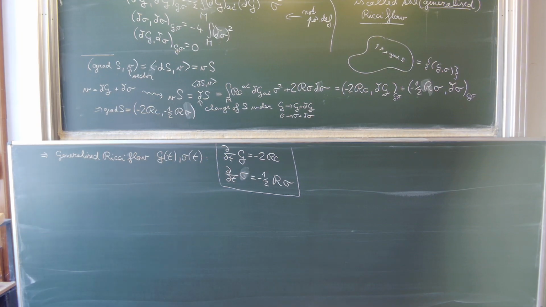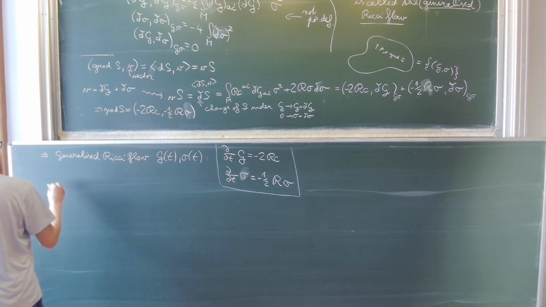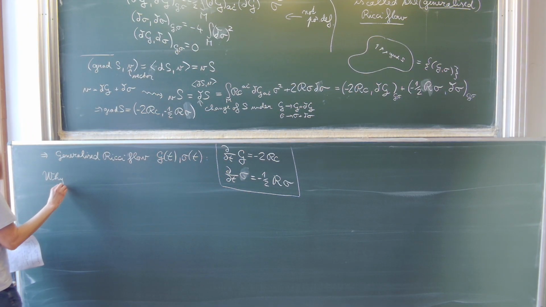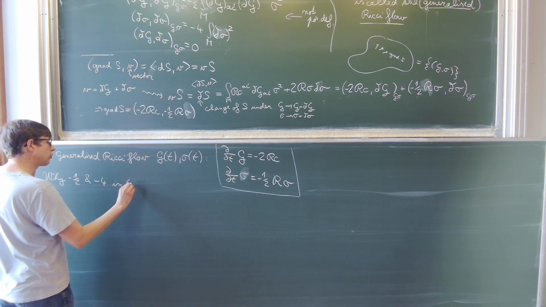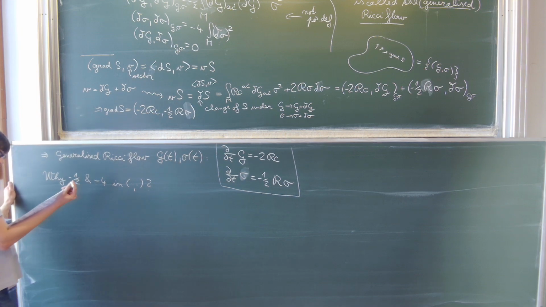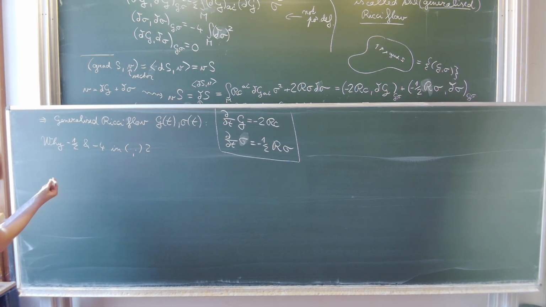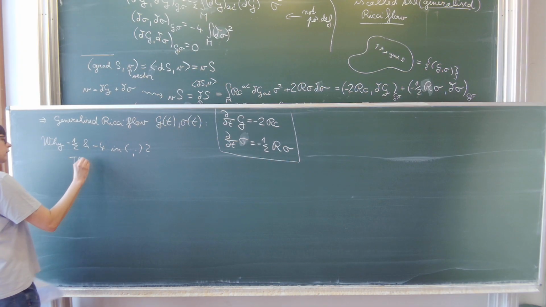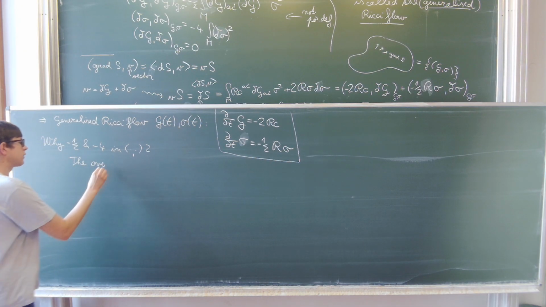Otherwise, I wanted to say something about the coefficients there, because that's kind of an interesting thing. So why those coefficients, minus 1/2 and minus 4, in the definition of this thing? First claim is that the overall coefficient is kind of irrelevant. What would happen if I would rescale them?